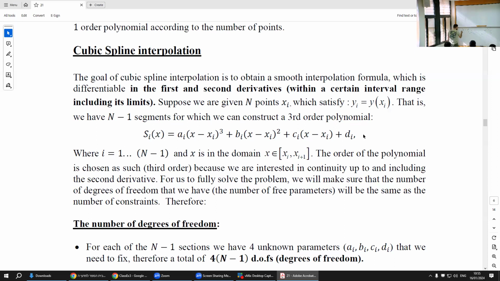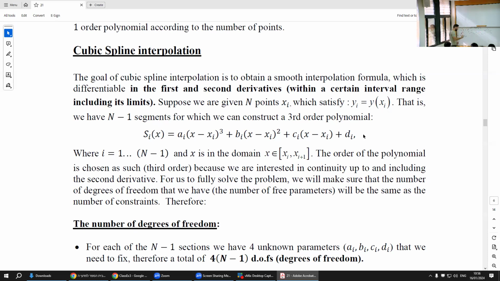And this S1, for example, is A1 x cubed plus B1 x squared plus C1 x plus D1. This S2 is A2 x cubed plus B2 x squared plus C2 x plus D2. So every segment is a polynomial.